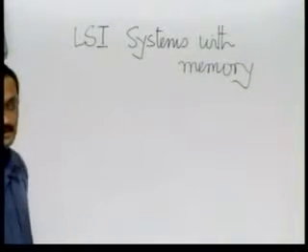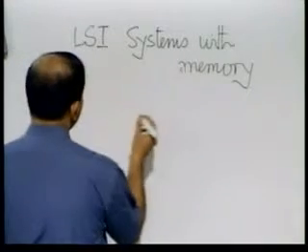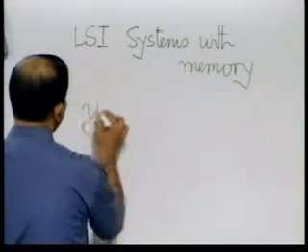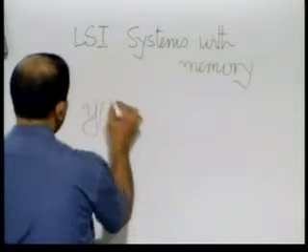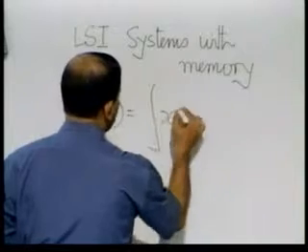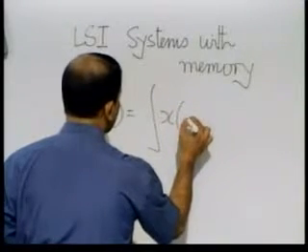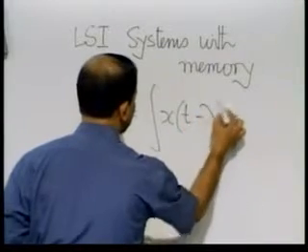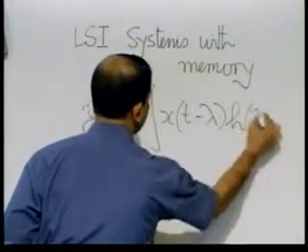Well, all that we mean is, see, if an LSI system has memory, in fact, it's very easy to see. In an LSI system, if I know that the impulse response is h(t), then y(t) is the integral of x(λ)h(t−λ), or let's write it the other way. Let's write x(t−λ)h(λ) this time. That will make it clear.